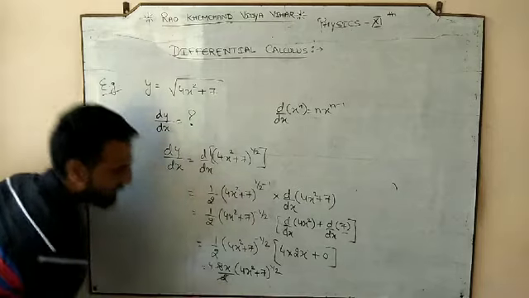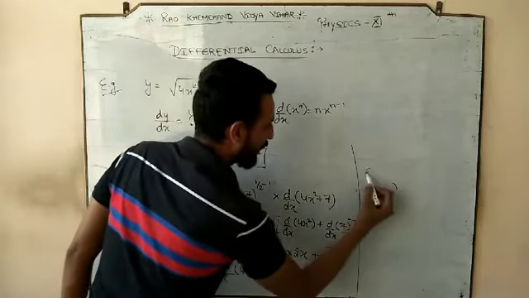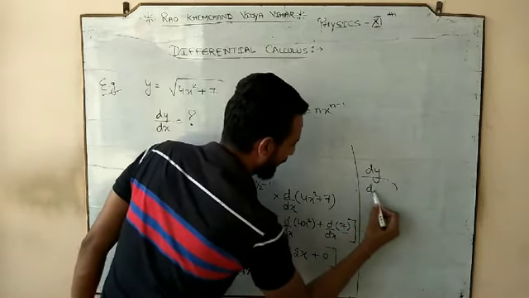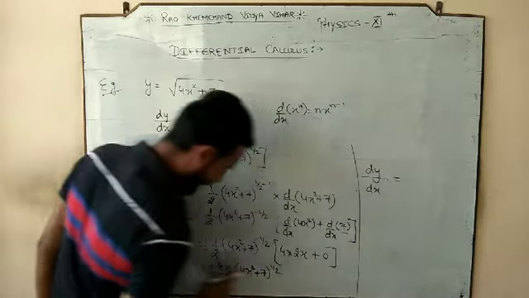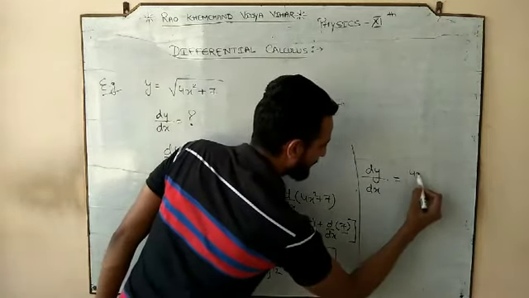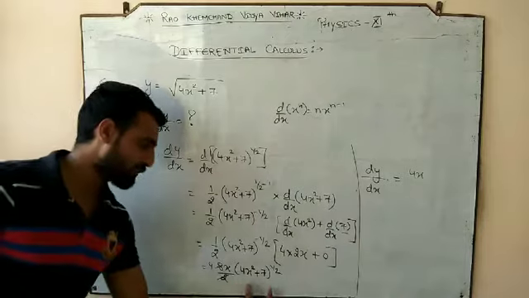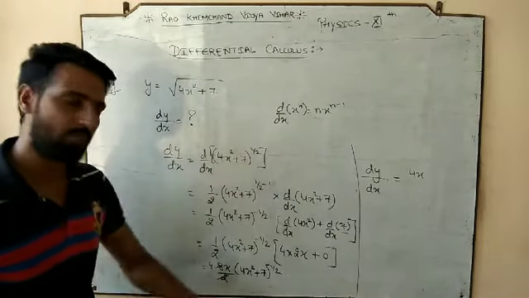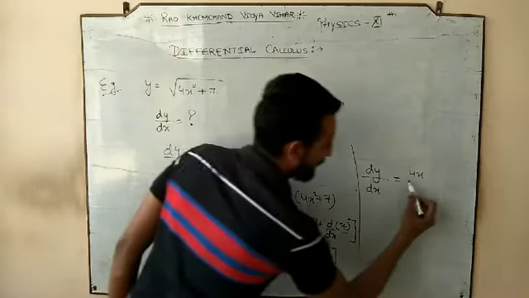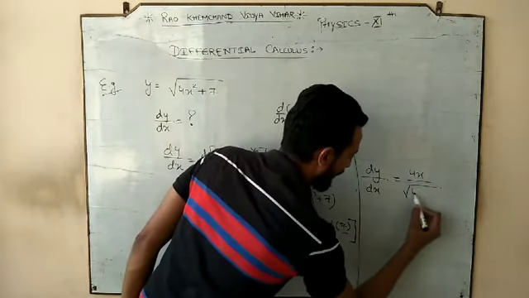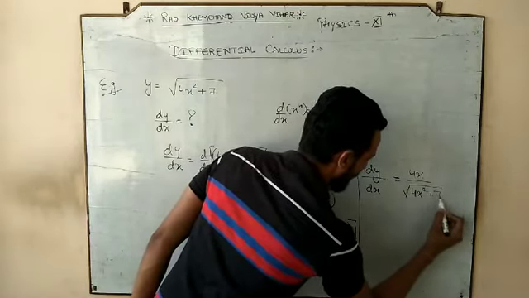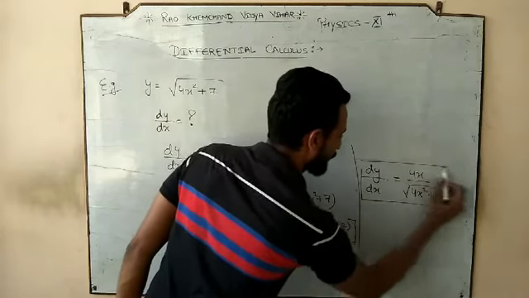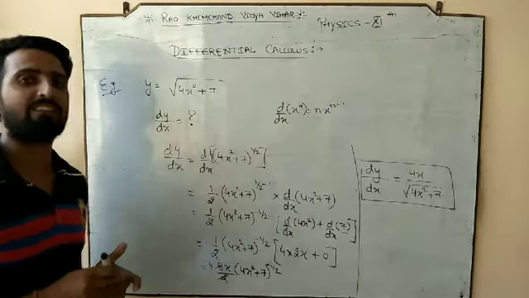If we solve it a little bit further, what do we get here? dy by dx is equal to 4x. Since its power is negative half, negative means it would be in the denominator and half means it should be a square root. And here we have the solution. So what is the differentiation of y with respect to x?